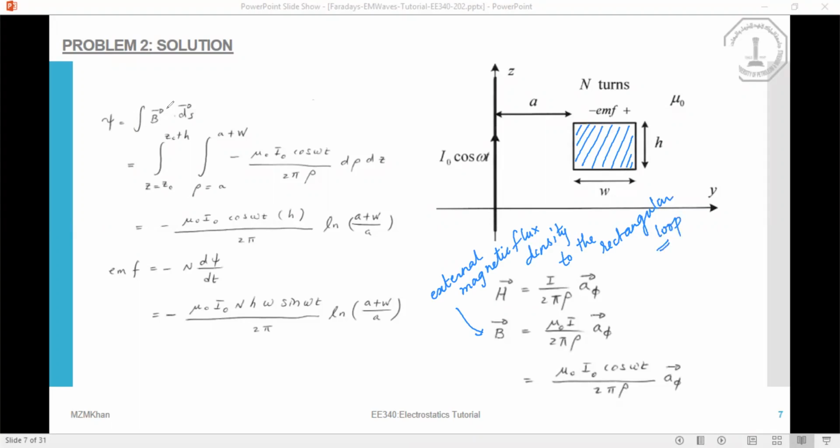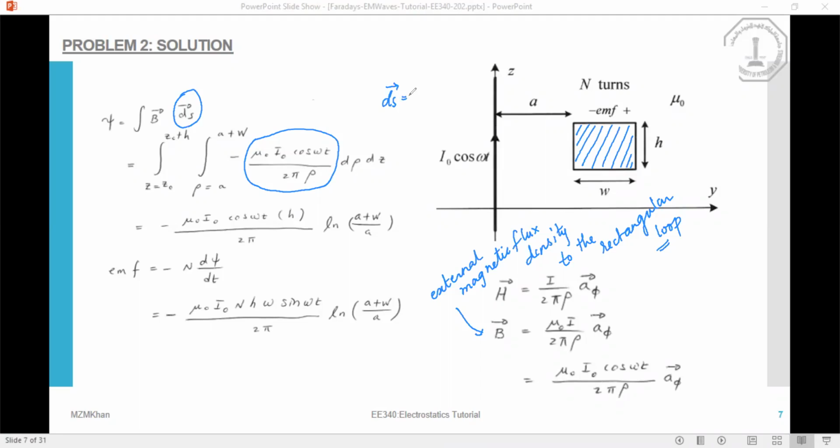So substitute it here: mu naught I naught cosine omega t over 2 pi rho. Now ds. As I told you in the previous example, finding ds is very important here.